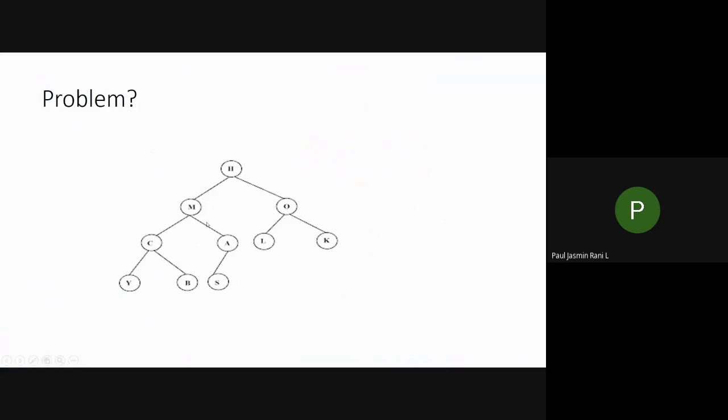Take down this. Can you see this one? The root element is H. In your left subtree, you have M. After that, C. It's visible, ma'am? Or otherwise, I will write this one. This is H, the root element.